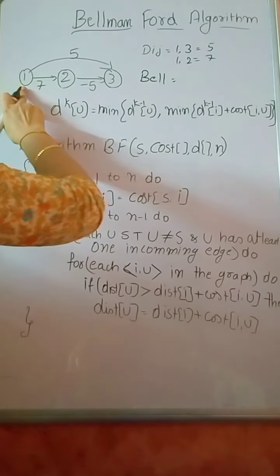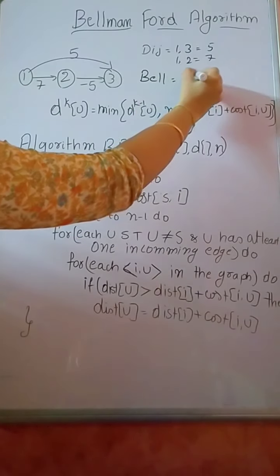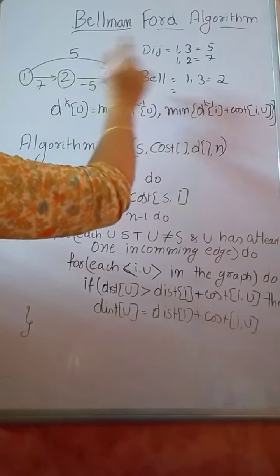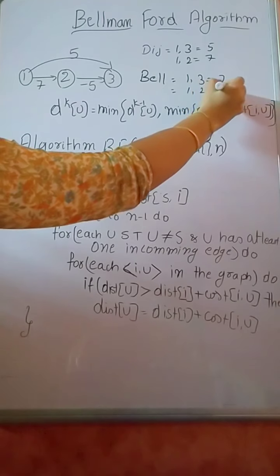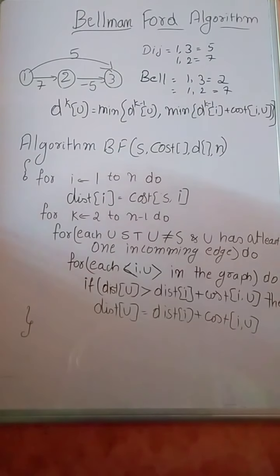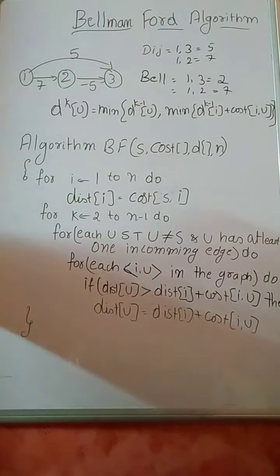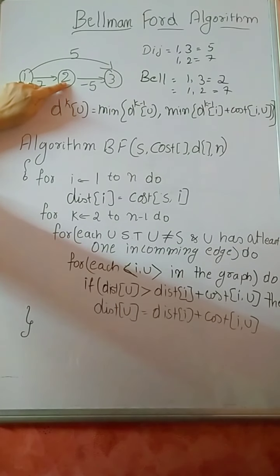So the distance from 1 to 3 is 2 and the distance from 1 to 2 is 7. That is according to the Bellman-Ford algorithm. So how does the Bellman-Ford algorithm work? It will check each of the incoming edges.